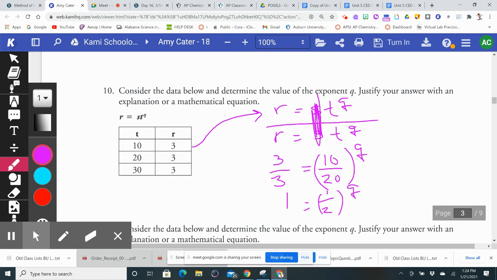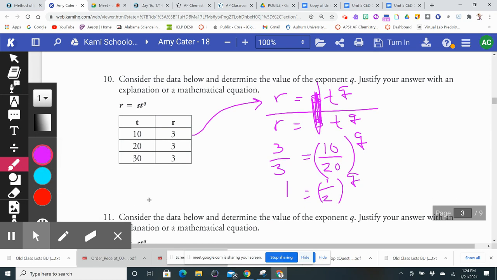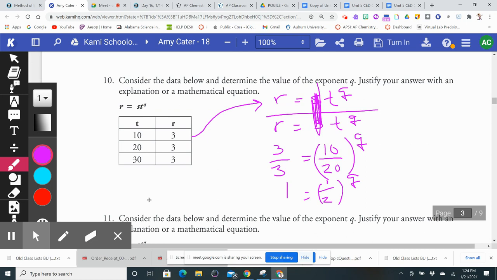Your S cancels out, so you don't even consider that, and then you just plug in everything else. So in this one, Q then has to equal 0.